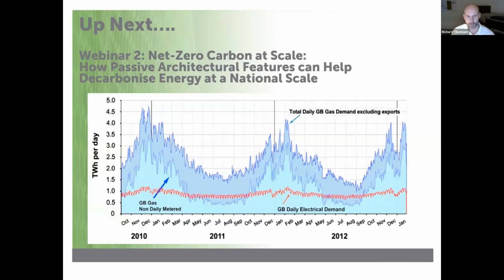And what we were looking at is largely based around this graph. This graph shows UK natural gas demand in blue and the electrical grid capacity in red. As you can see, the natural gas demand dwarfs the available capacity of the electrical grid, particularly in the winter.